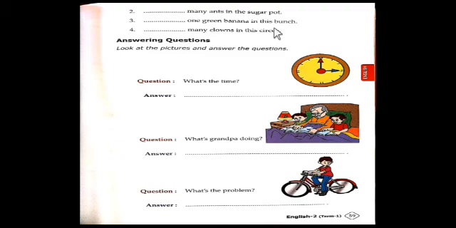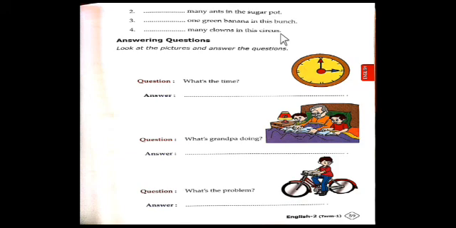What can you write here? There is, yes. There is one green banana in this bunch. And the fourth one, dash many clowns in this circus. So what can you write here? There are many clowns in this circus.